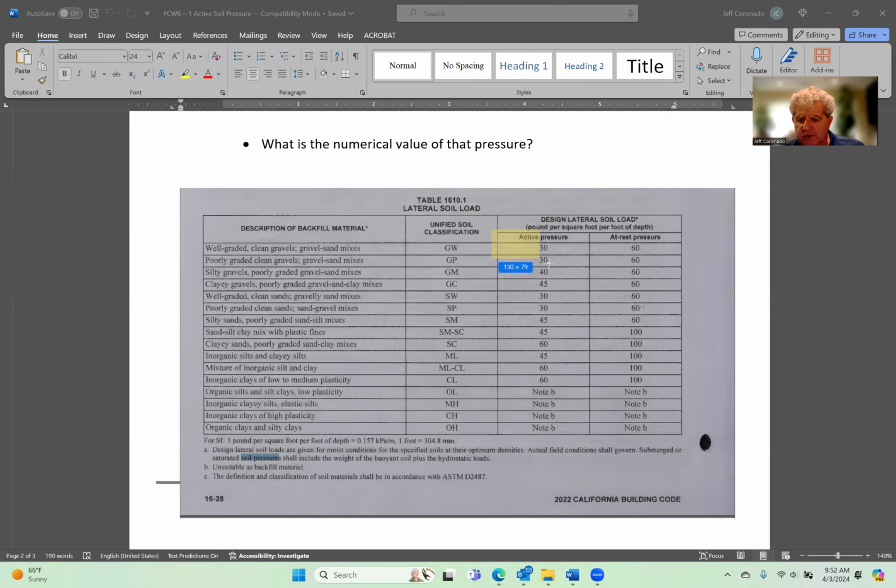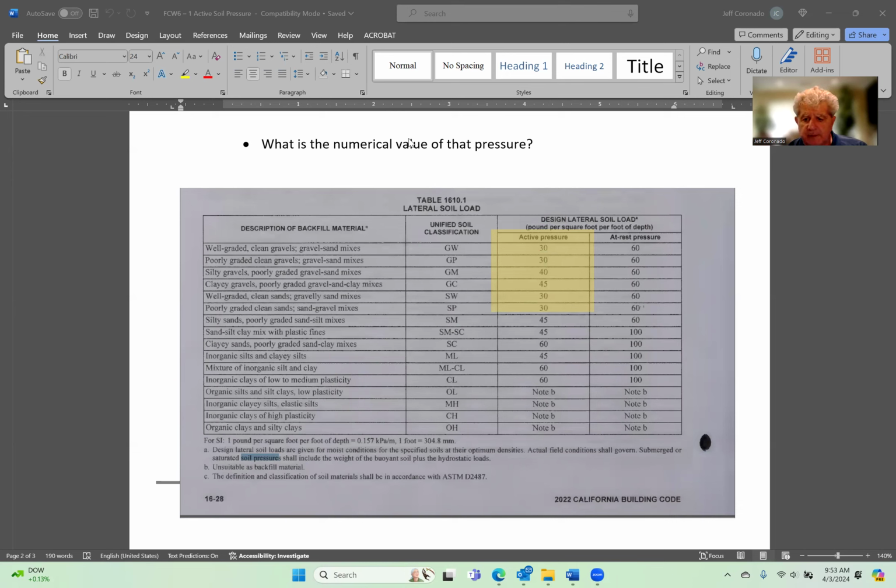The first few pressures listed tend to be around 30 pounds. By the way, the units here are pounds per cubic foot. The way the building code is written, it is pounds per square foot per foot of depth. Not sure that's more intuitive than just thinking of it as pounds per cubic foot, but it's basically pounds per cubic foot. So the soils at the top tend to be on the order of 30 pounds per cubic foot.